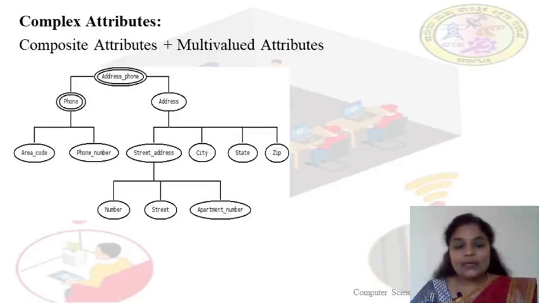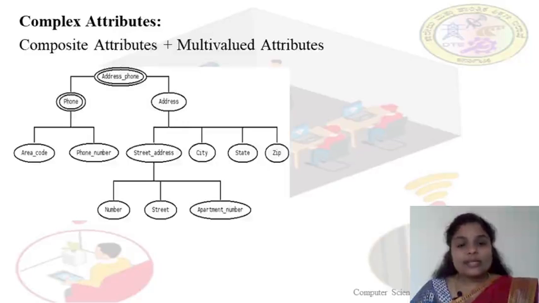Here the address field is called composite. Composite means which can be further divisible. Next is multi-valued attributes. Meaning to say, a phone field is a multi-valued attribute because it can have more than one value.